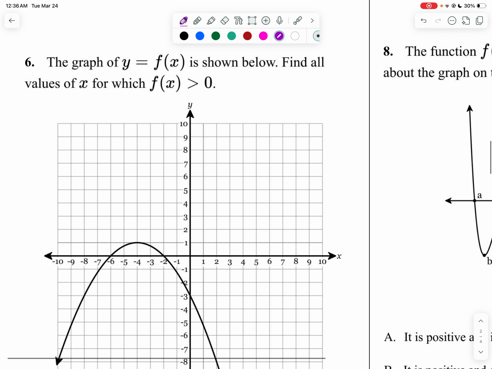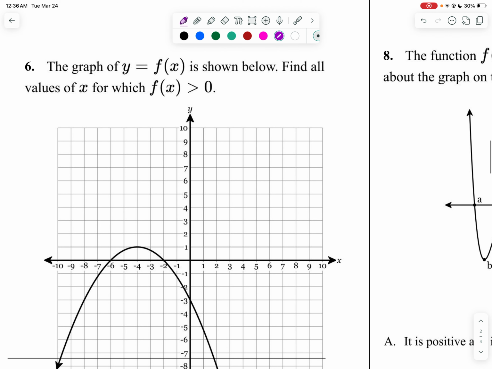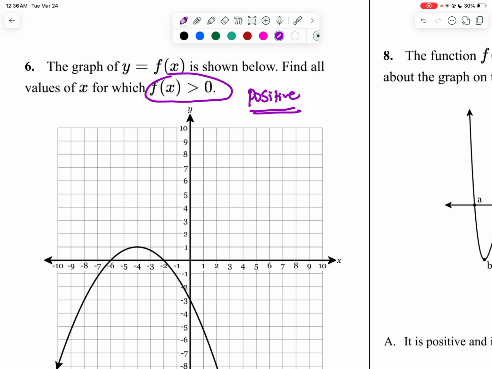Number 6, this is a special notation right here. This is just saying when is f of x greater than 0, aka when is f of x positive. Greater than 0 is positive, so we know that we are positive from -6 to -2. Notice how here, because it's strictly greater than 0, I'm not including -6 and I'm not including -2, because -6 is not greater than -6 and -2 is not greater than -2.